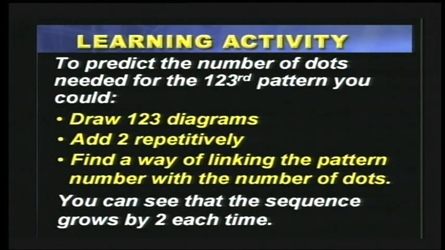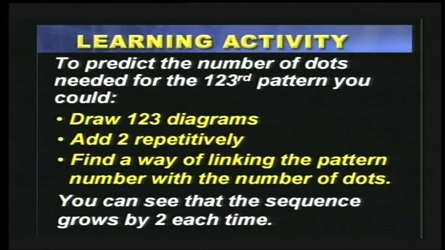If you were asked to draw the 123rd pattern, you'd be drawing 123 diagrams that will occupy all pages of your books. So instead of doing that, there is a rule that you are going to be using or coming up with.